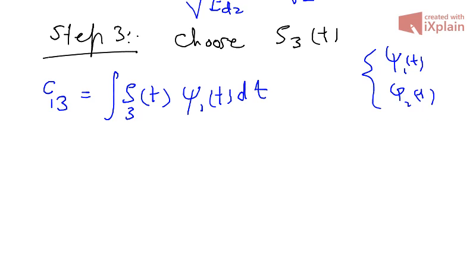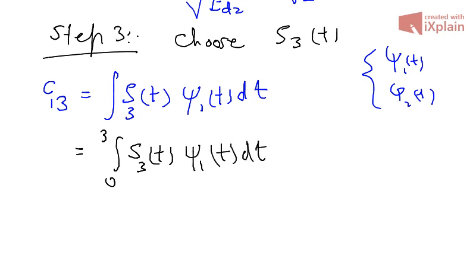So from 2 to 3, the product would be 0, and the limit of our integration is still from 0 to 2. So let me write specifically. I will write this limit because the signal is present from 0 to 3. So S3 of t psi 1 of t dt, right?